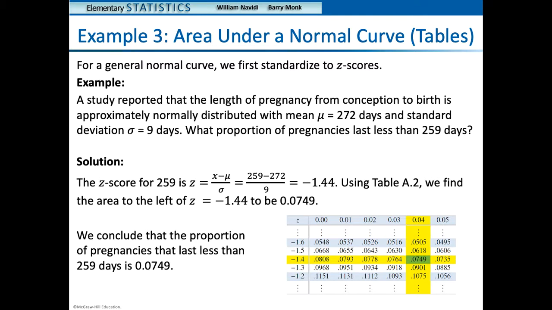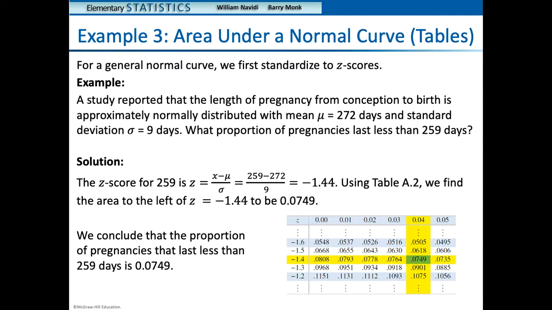On your paper, roughly indicate where you would expect 259 to fall. It's going to be a little bit to the left of the middle. Then shade the area to the left of 259. And that is the area that we're trying to find.